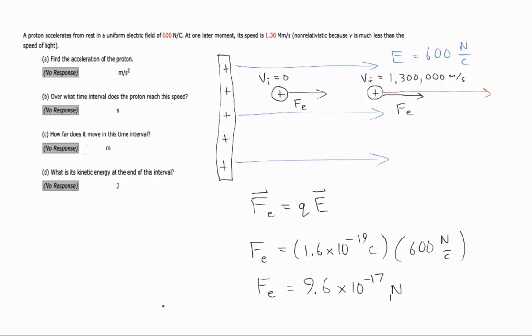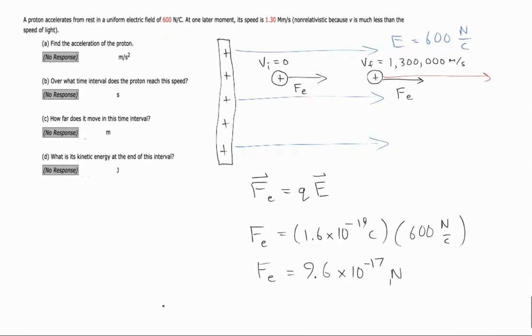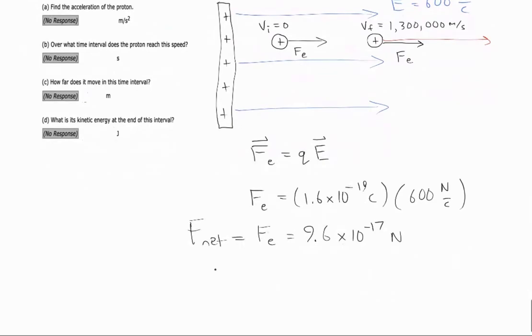Alright, the next step would be to find the acceleration of the proton, assuming that that force is the only force on the proton, so it's also the net force. To do that, I would use Newton's second law. A equals F net over m.